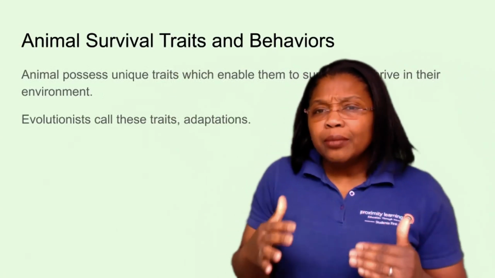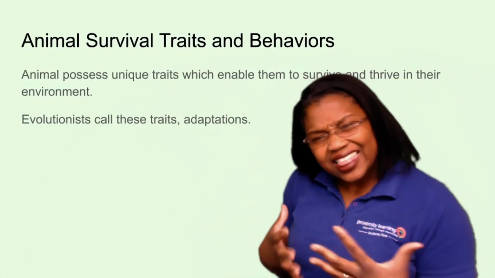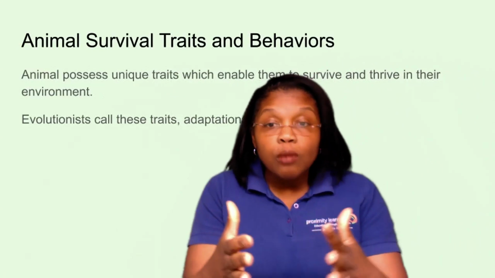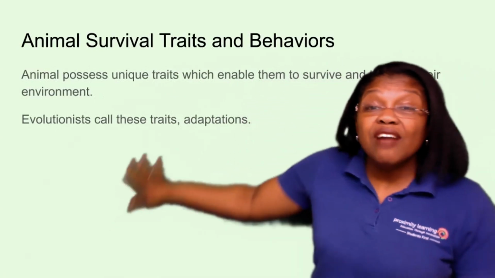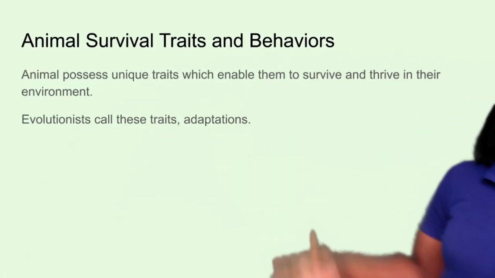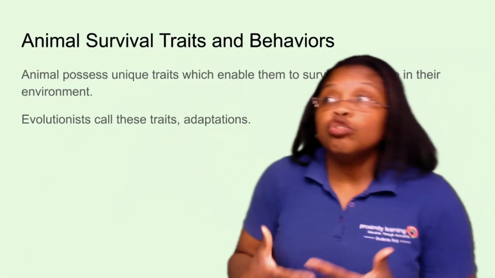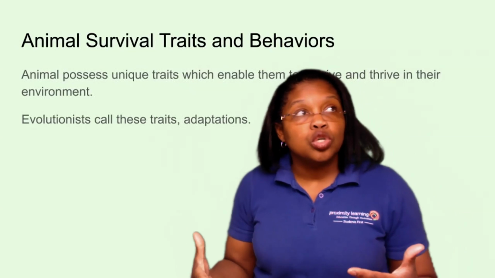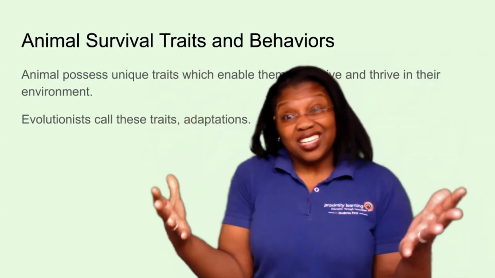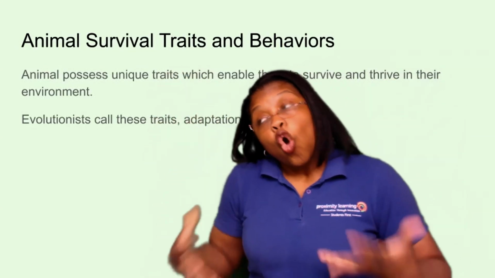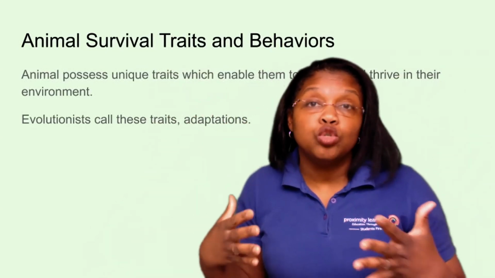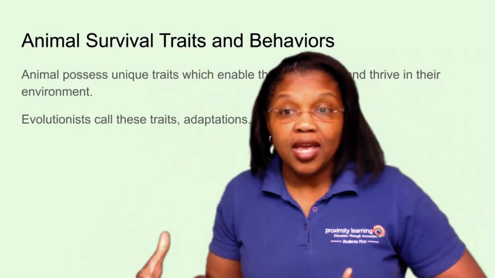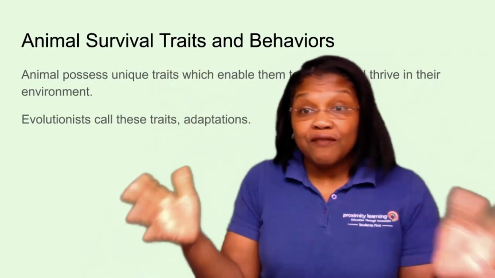Also, all animals have some sort of behavior, something that they do that helps them to thrive and survive in their environment. Now, evolutionists call these traits adaptations. But they're just things that animals, the way they are structurally, or something that they do, that helps them to survive, that helps them to thrive in whatever environment they live in.